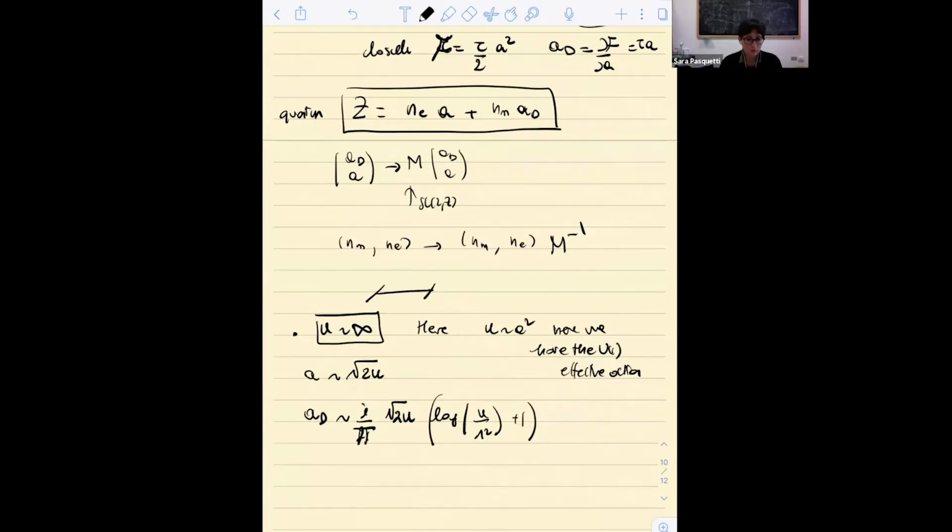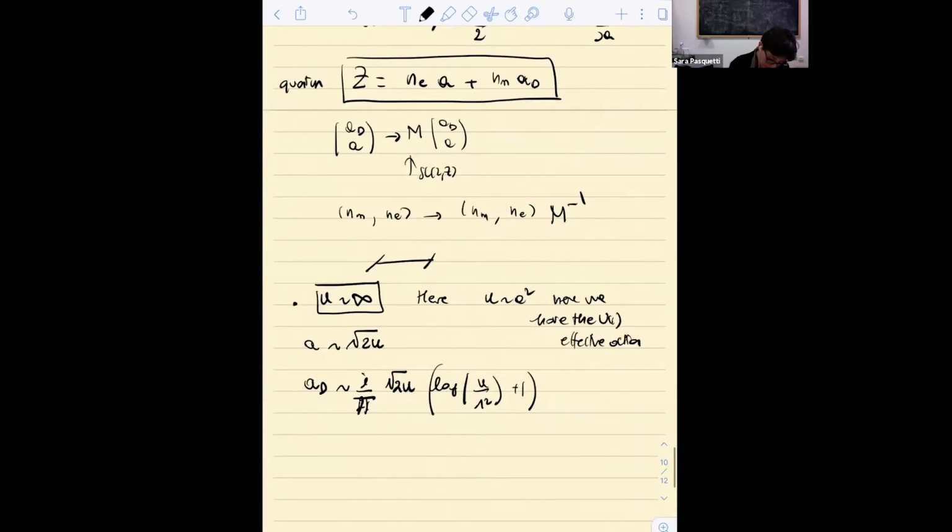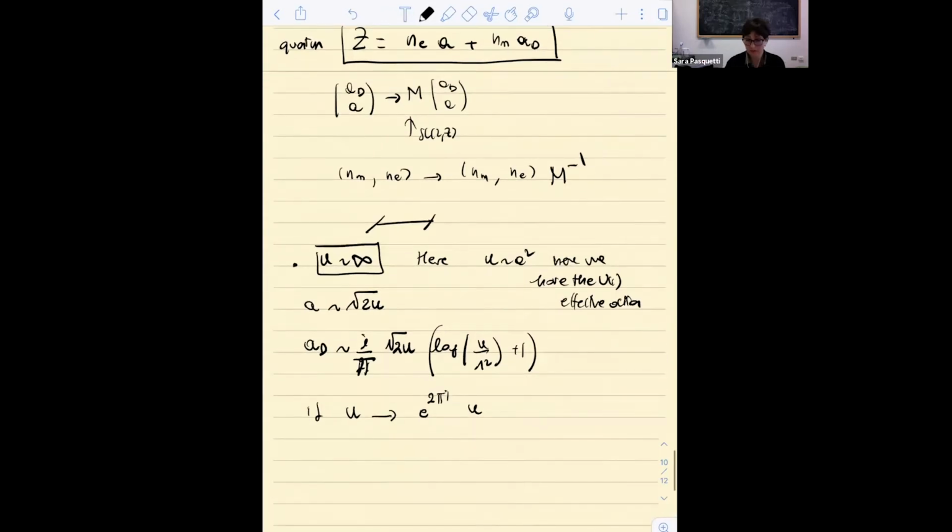I can ask what happens if I go around the point at infinity, if I perform a rotation around the point at infinity. This clearly shows that A and A dual are transforming with a non-trivial monodromy matrix.